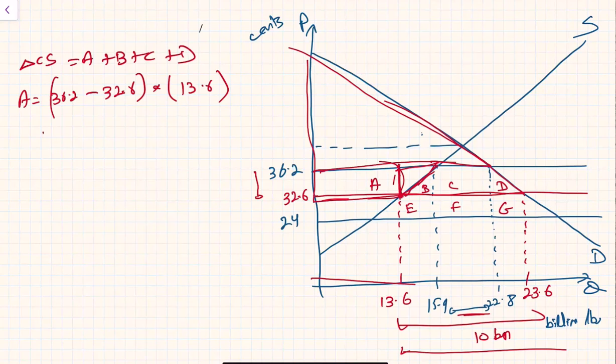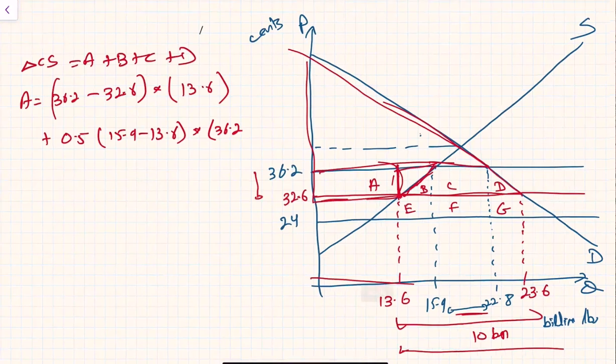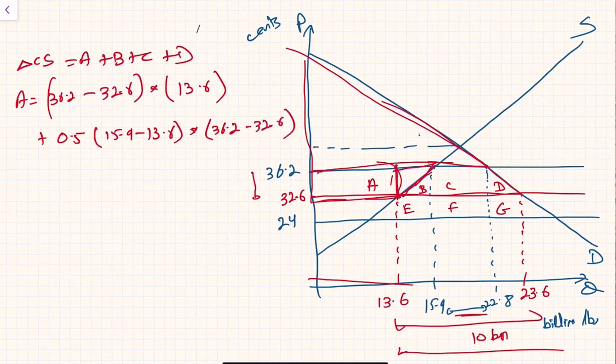So we can add that to 0.5 times the base, which we said is difference between 15.9 minus 13.6 times height, which is 36.2 minus 32.6. And this number will be equal to 53.10. So again, notice this is 53.10 billion cents, or in dollar amounts, this is $531 million.